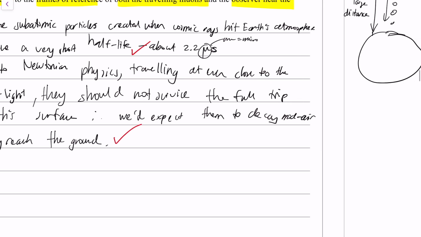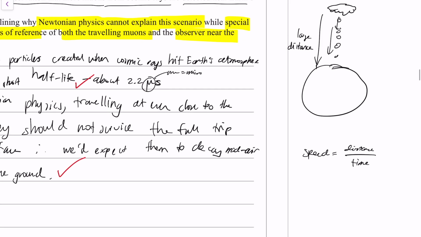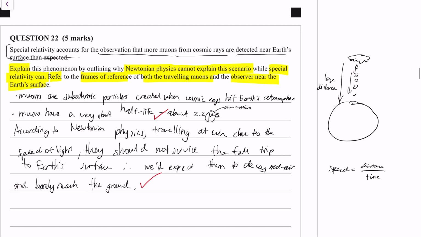Okay, what do I mean by Newtonian physics? Simple. Speed equals distance over time. Okay. And those sort of observations, like half-life and things.